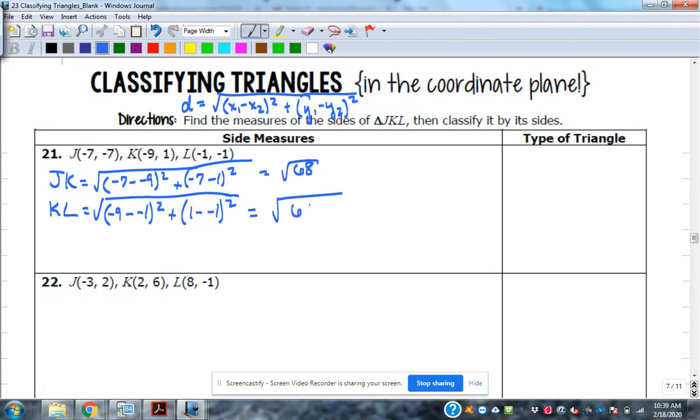So that's again square root of 68. So far it's at least what? If 2 sides are congruent, what is it? Isosceles. If the other side is also square root of 68, what would it be? Equilateral. So we find the last side, which would be from J to L.